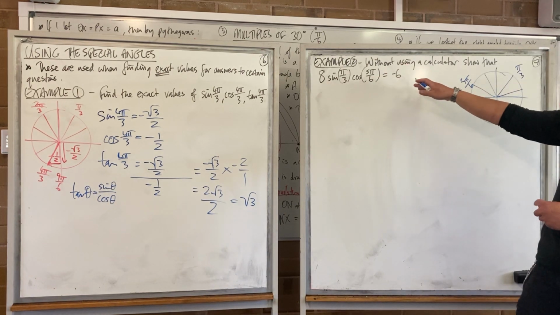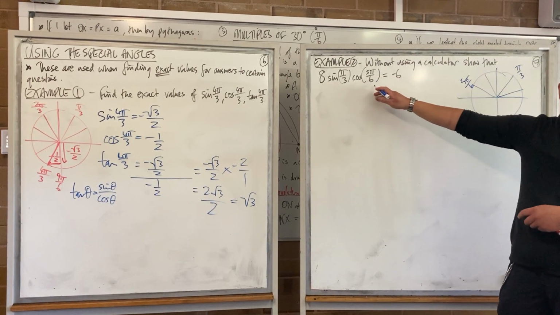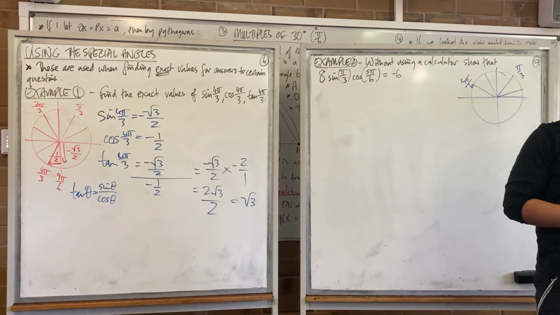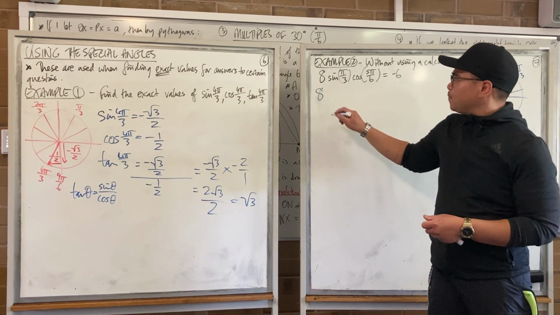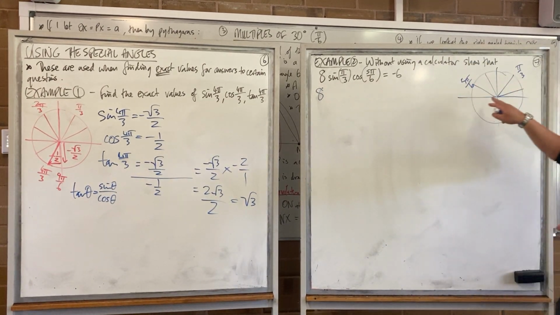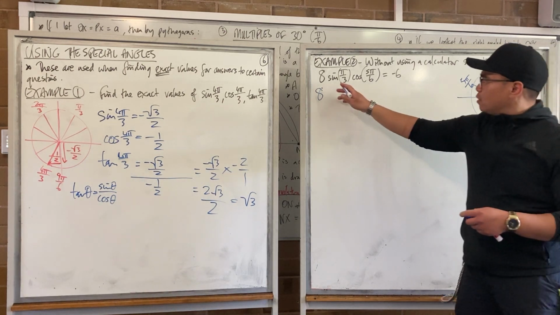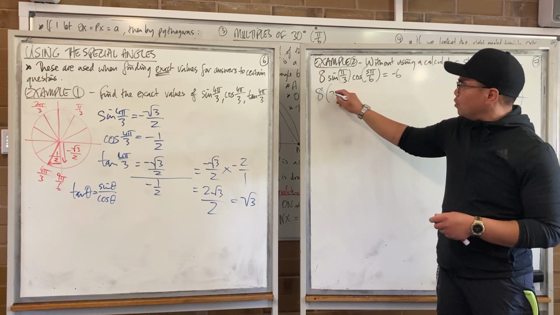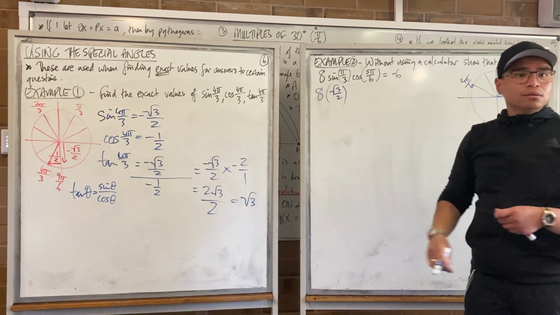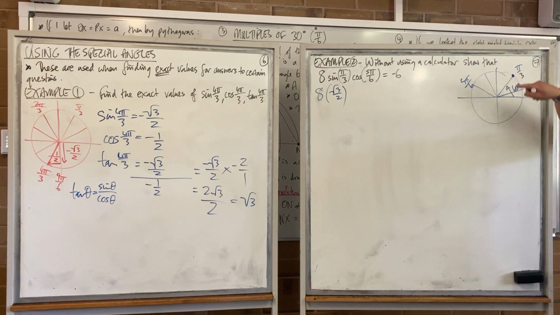So I can rewrite this. I want to show that this weird thing involving radians and stuff is equal to negative 6. So 8, what is the sine of pi on 3? Pi on 3 is here. Is pi on 3 a multiple of 30 degrees? Yes. It's 60 degrees. So has it gone up by a half or has it gone up by root 3 on 2? Root 3 on 2. So I can rewrite this as root 3 on 2, because the sine of pi on 3 is how far it's gone up.